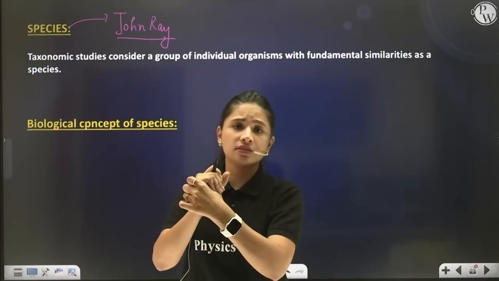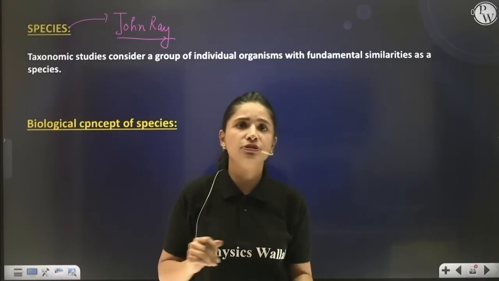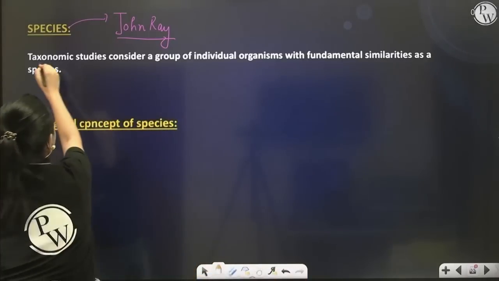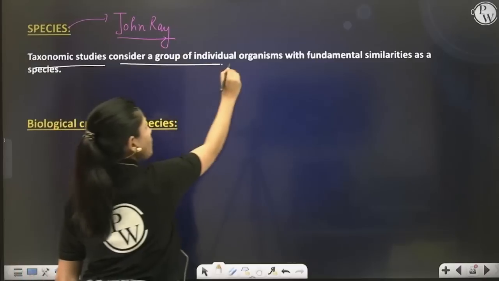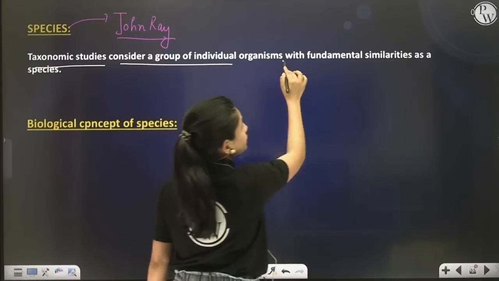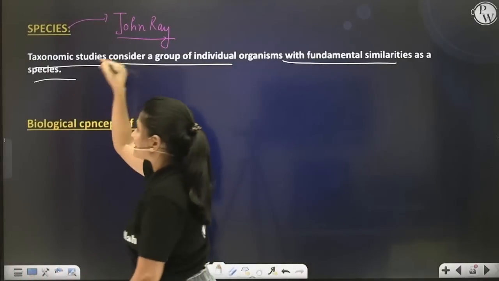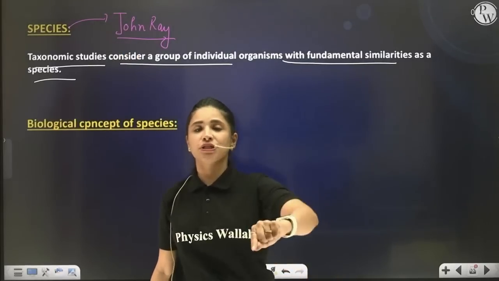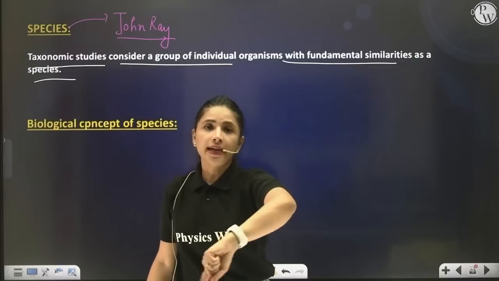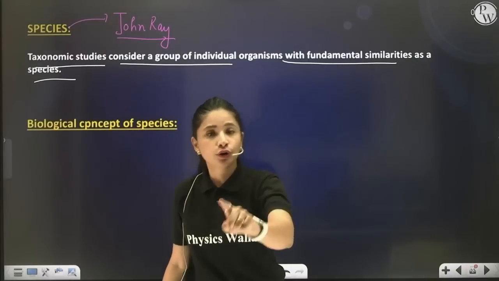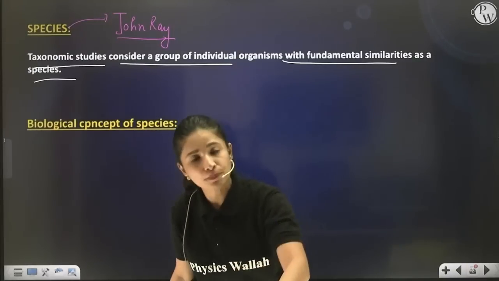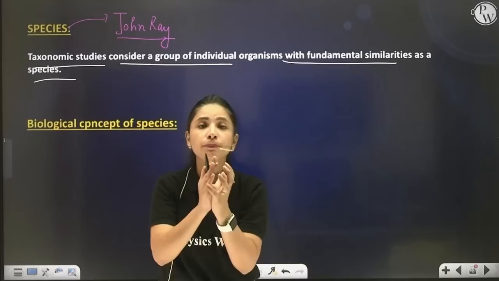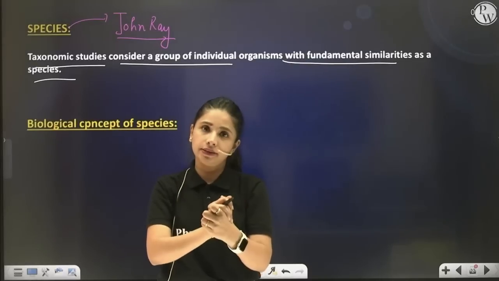Such two organisms should be kept in the same species. So how will you define species? Let's see. Taxonomic studies consider a group of individual organisms with fundamental similarities as species. Taxonomically, it is a group of organisms having even fundamental properties similar.